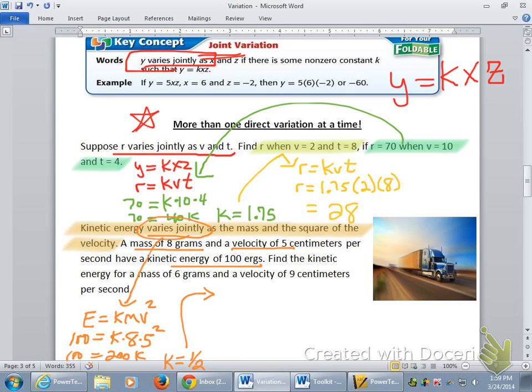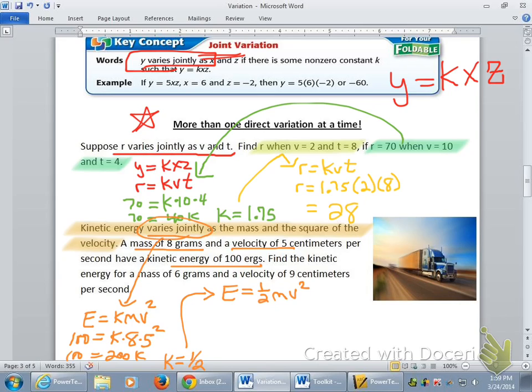Well, you just wrote a formula. What formula did you write? You just wrote energy equals. It's no longer a k because you just found k. What is it? It's 1/2 times the mass times the velocity squared. You just wrote a formula. Okay?